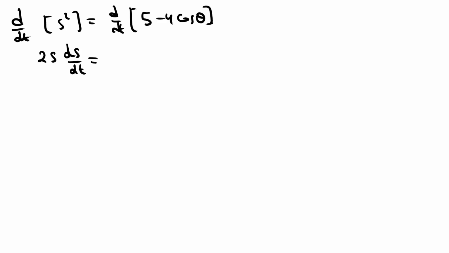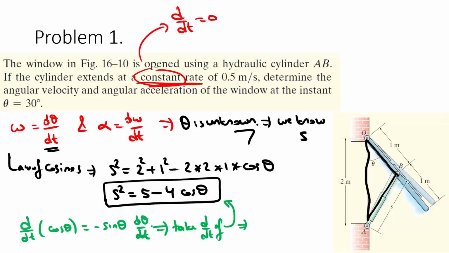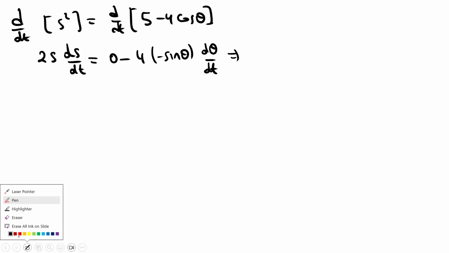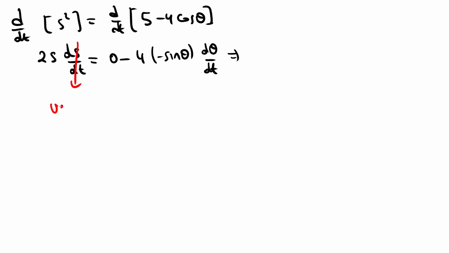And the right hand part makes d by dt of 5 is 0, minus 4 times the derivative of cosine theta, which is negative sine theta, d theta by dt. Then dS by dt is actually the velocity.